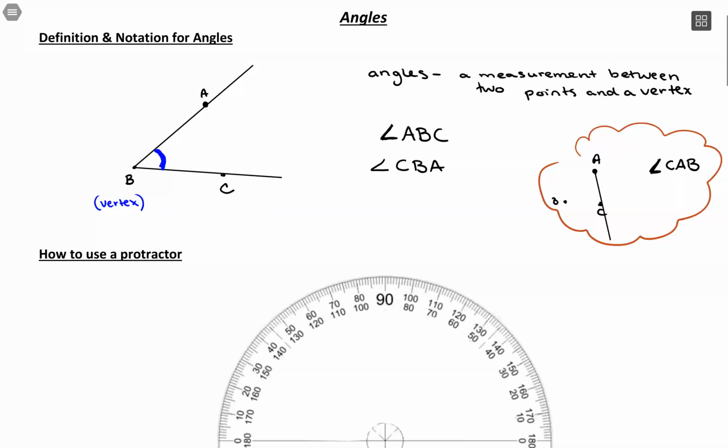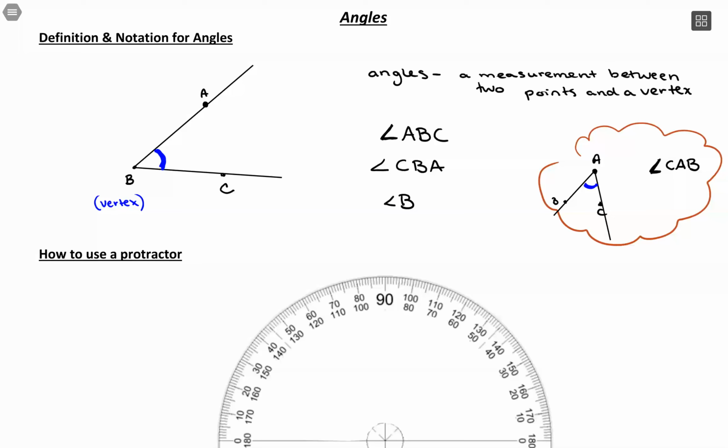So I go C to A and then A to B. The angle that would be described there would actually be this angle being formed at A. So it wouldn't connect at all to this previous picture that we just drew. It would be doing something completely different. So the order of the letters is important. More specifically, that middle letter has to be the vertex. Another thing we can do is just call it angle B, because that's really where the angle is occurring. So just saying the angle and then whatever the vertex is, since the order of the other letters isn't mattering so much, we can just rely on that vertex.